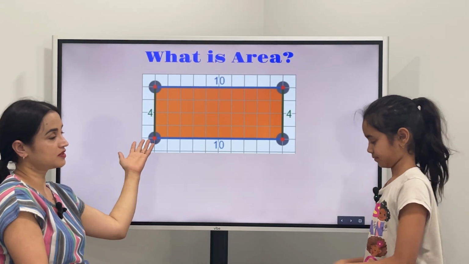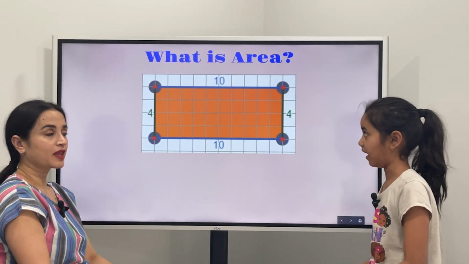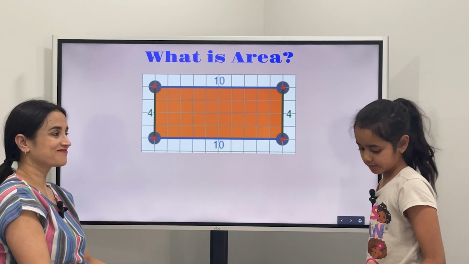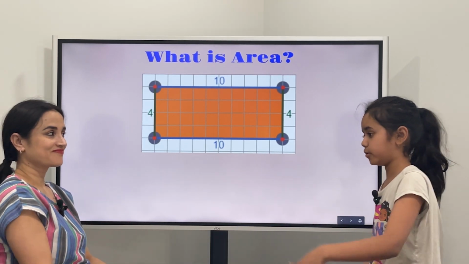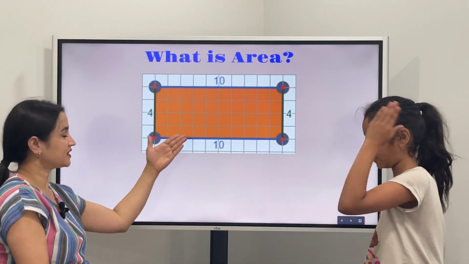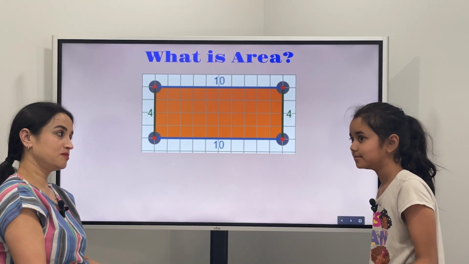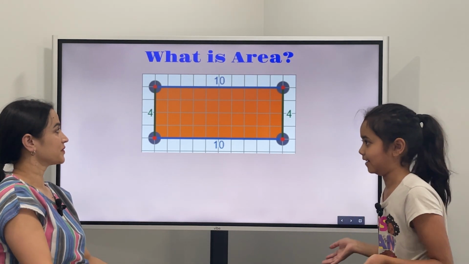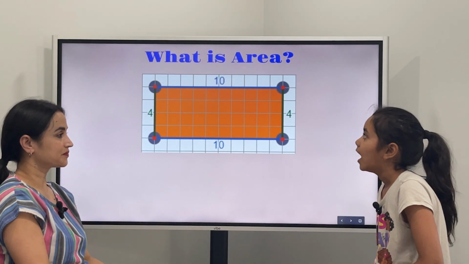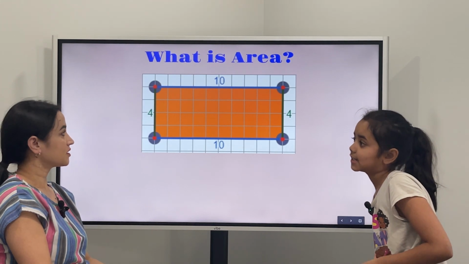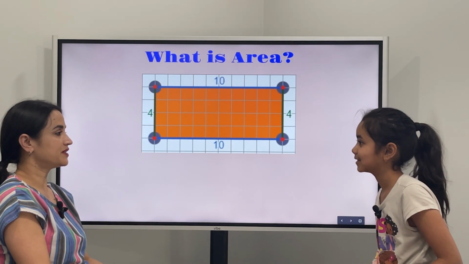Another problem, and the rules apply the same. So what are the steps? The first step is to identify the length and the width, and then you multiply them. So what's the length? What is the length here, Lina?